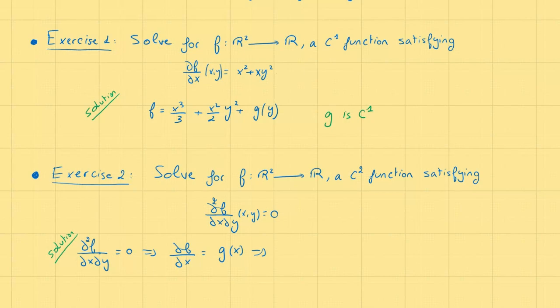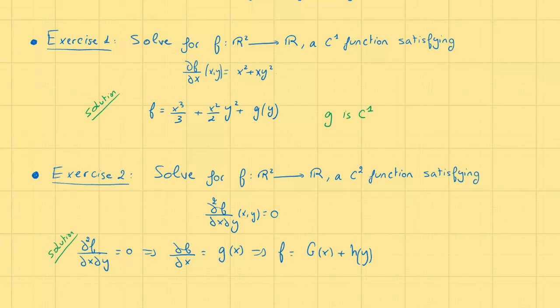Then if we want to find f, it will be equal to a function whose derivative will be this small g of x. So we say that f will be equal to a function of x, which is big G of x, whose derivative will be equal to small g of x, plus eventually any function of y, because the derivative over x of any function of y will be equal to 0.